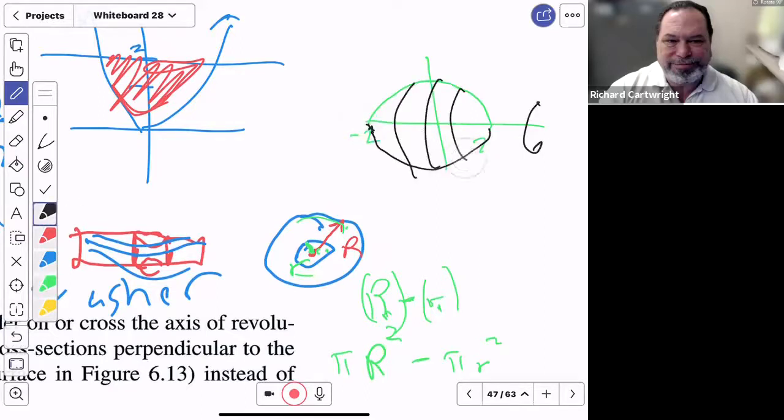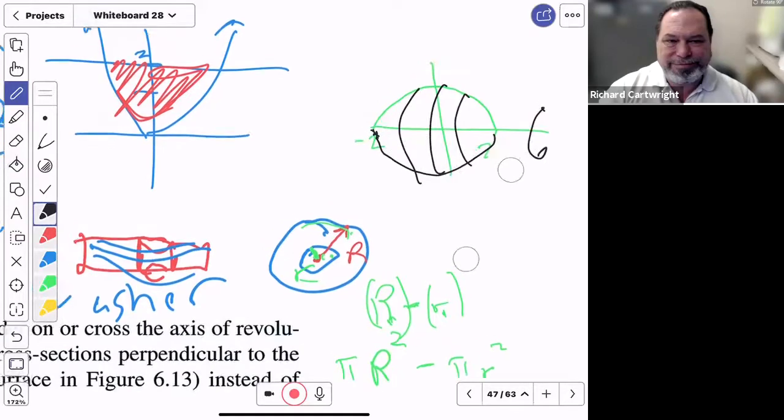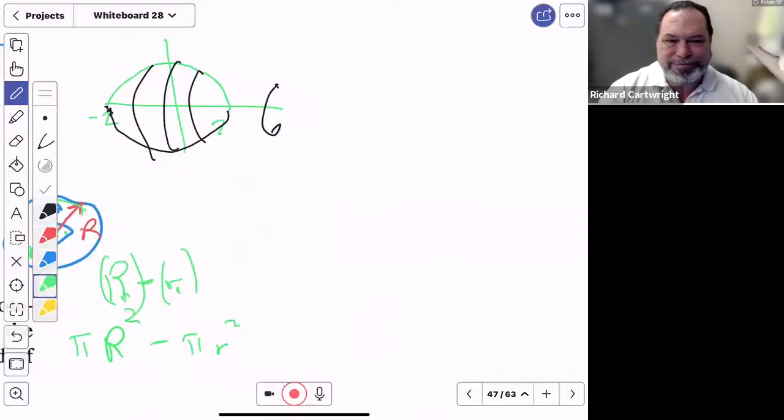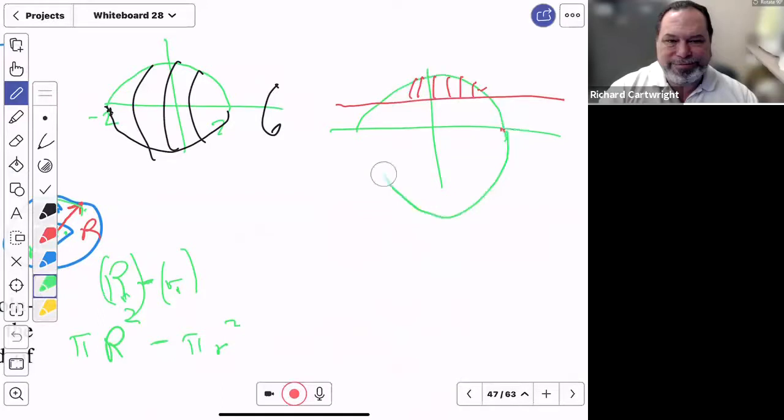right? But what would have happened if there was another curve there? Here's that circle, half a circle. But I'm also going to say this horizontal line. So now you only have this as your solid once it's all said and done.